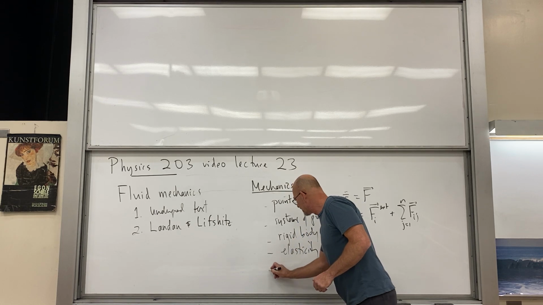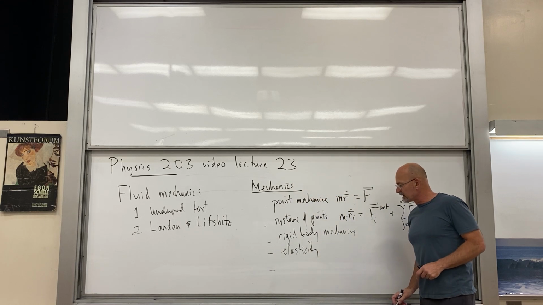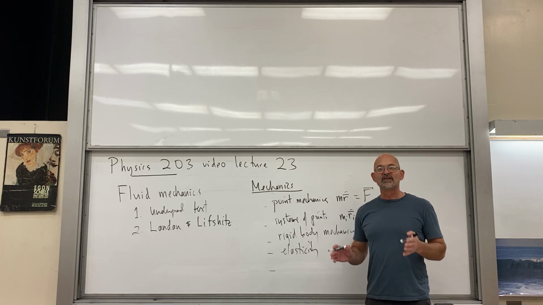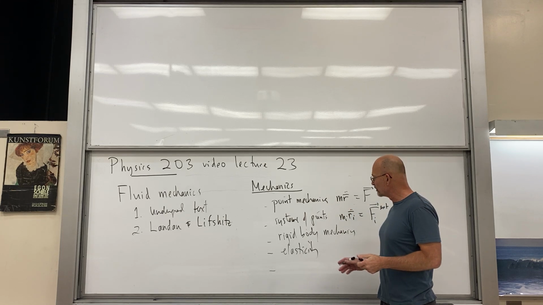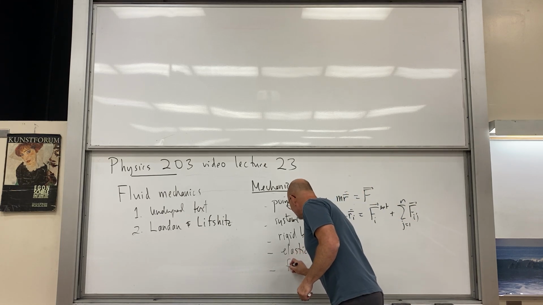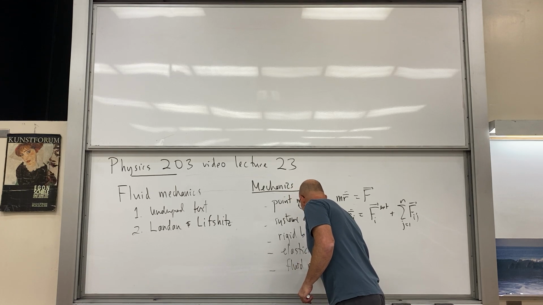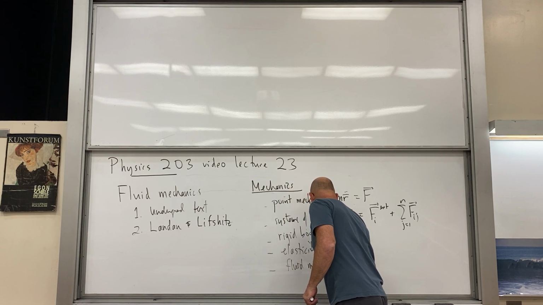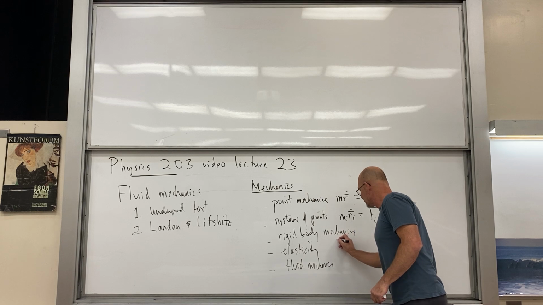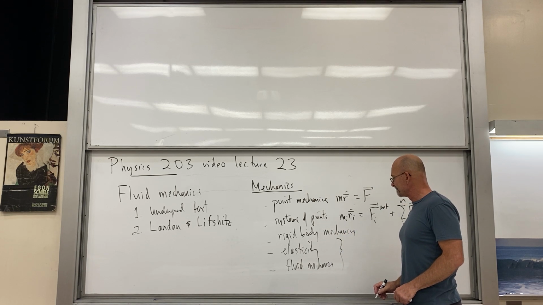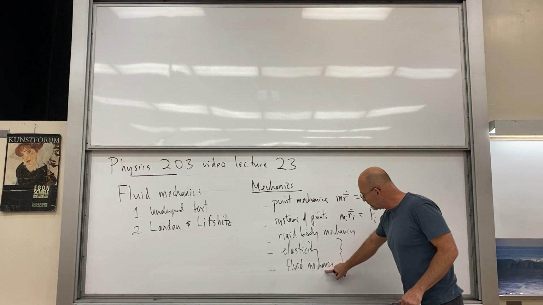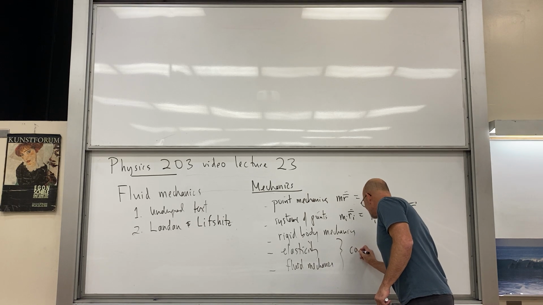And if you allow particles to behave as fluids, to slide against each other, to move freely, then you have fluid mechanics. These two can be referred to as continuum mechanics.